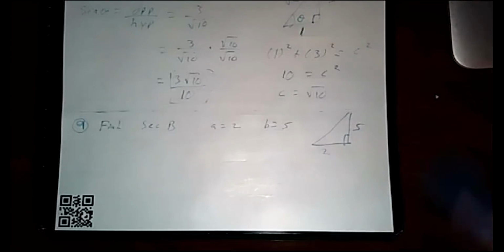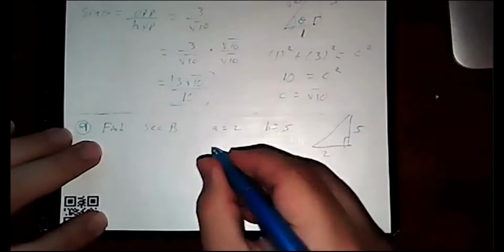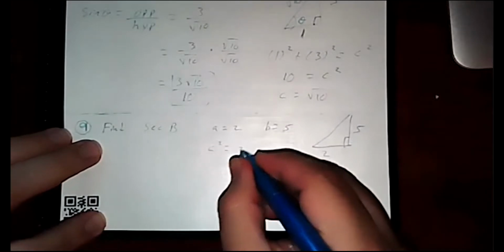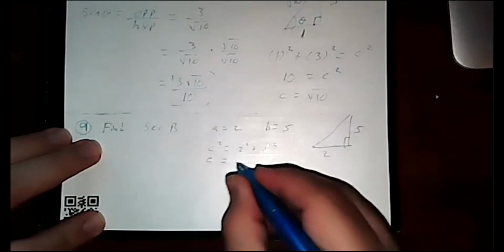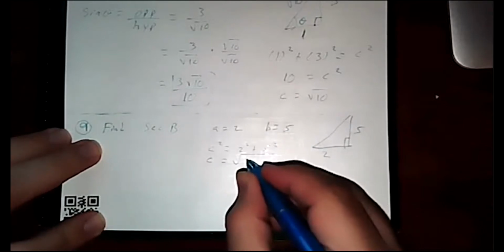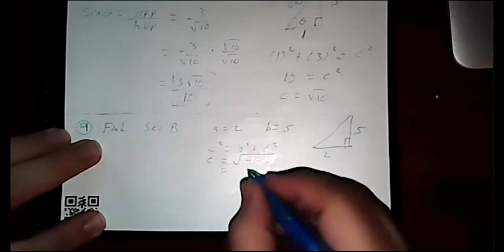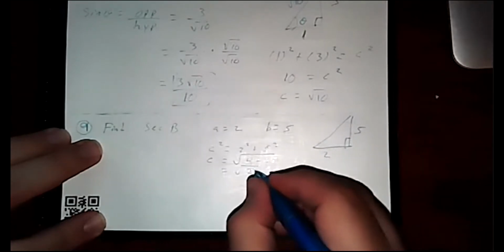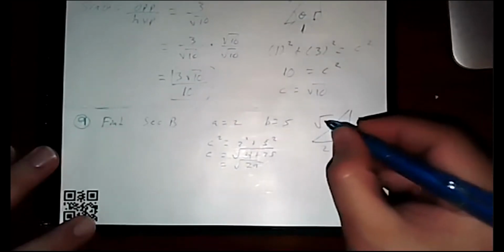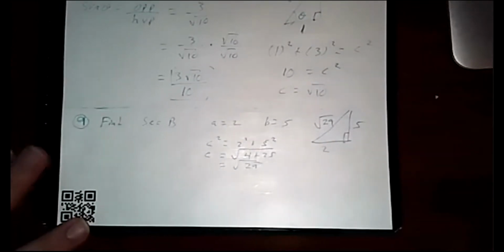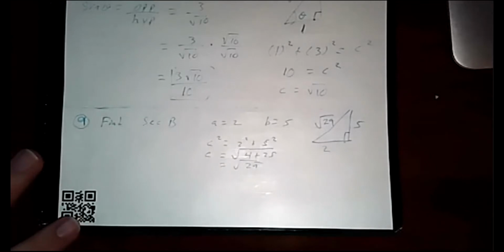Okay. So same deal, right? C squared is equal to 2 squared plus 5 squared. So C is equal to the square root of 4 plus 25, which is 29, right? So square root of 29 is that guy. So now what is secant?